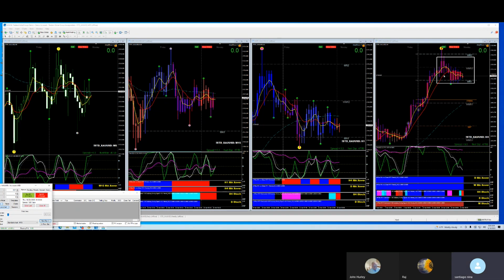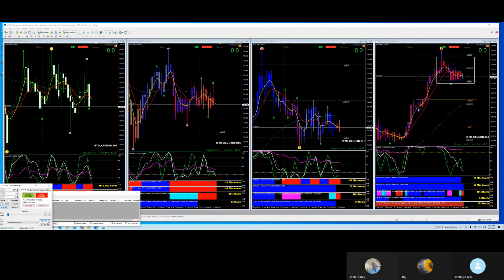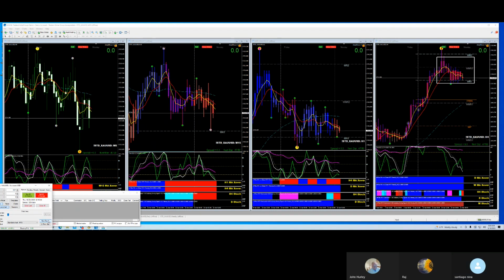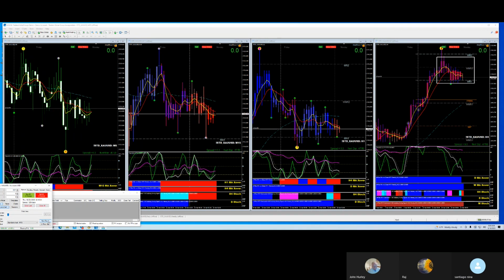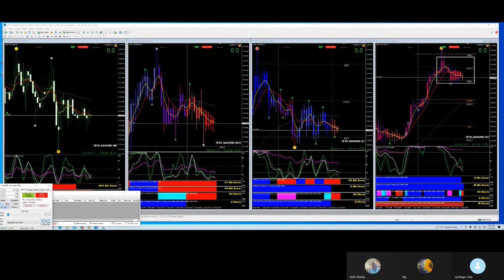So now you know the potential breakout of this consolidation is possibly to the downside, unless things change. The 1 hour and 15 are giving you in sync. The 5 minute's not.